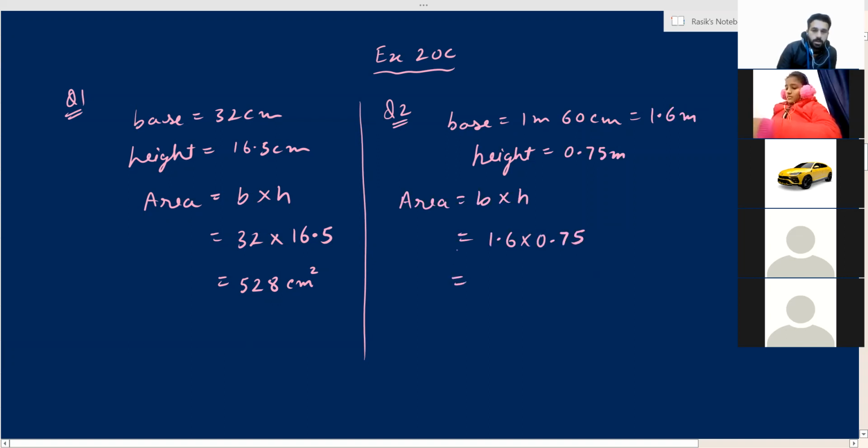Find the product. 0.8 into 1.5 is 1.2 meters square. Is it correct? Check it. 1.2 meters square.